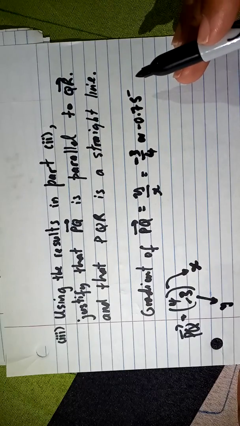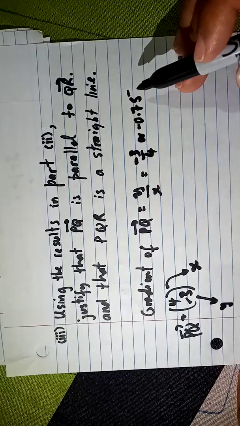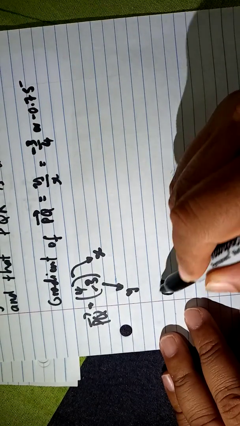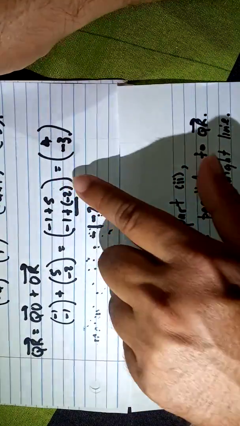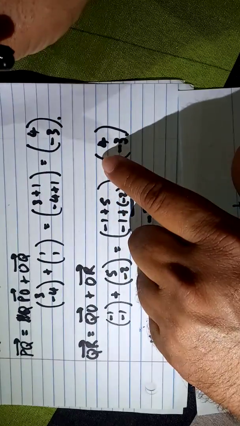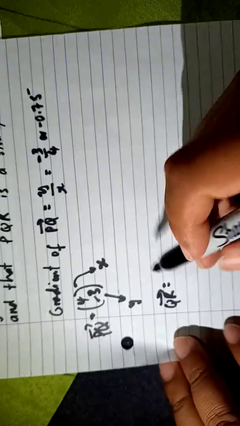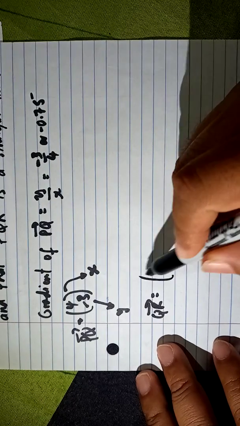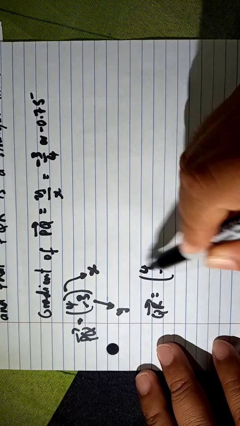Let us check out now the gradient of QR. Now Q to R is also represented by the same value. All right, turns out that these two values are the same, which is 4 and -3. So QR is 4 and -3.